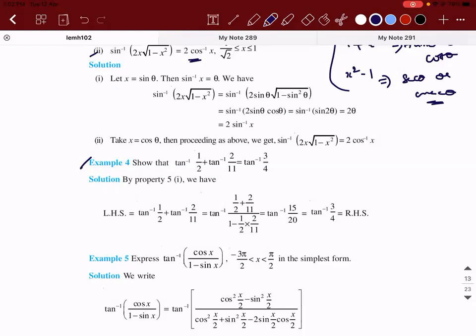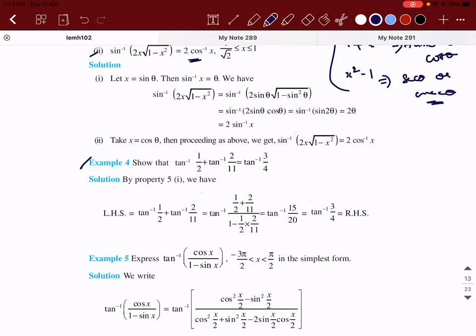Show that tan inverse of half plus tan inverse of 2 by 11 is equal to tan inverse of 3 by 4. You directly have a formula to substitute. Tan inverse x plus tan inverse y, what is it? Tan inverse of x plus y over 1 minus xy. Perfect. Do it. Is it hard?